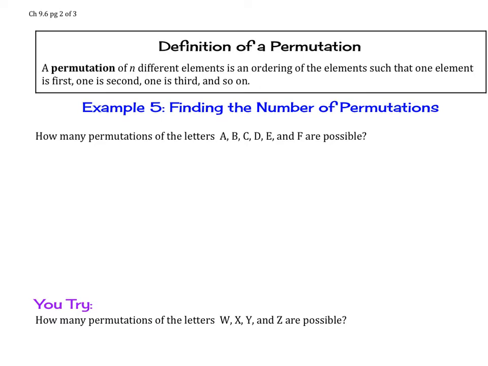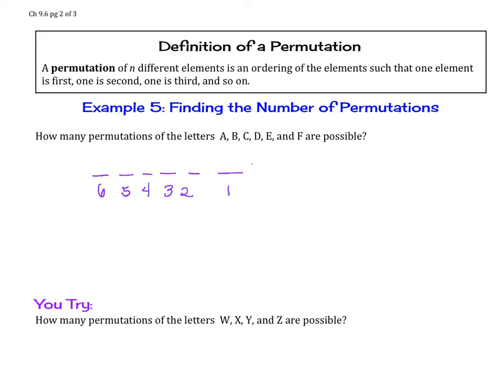So let's just go with the first position. So we have 1, 2, 3, 4, 5, 6 letters. So in the first position, I have 6 choices, right? There are 6 letters. Then once I choose that one, I can't choose it again. So then 5 choices, and then 4 choices, 3, 2, 1.